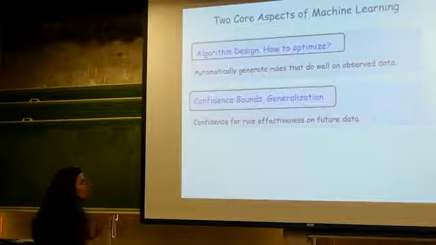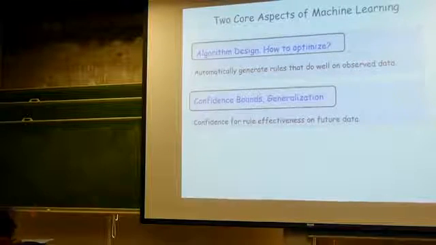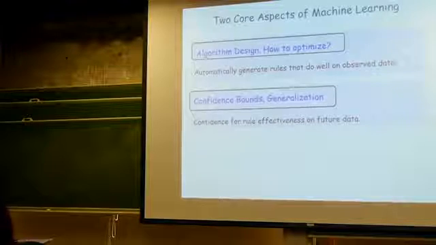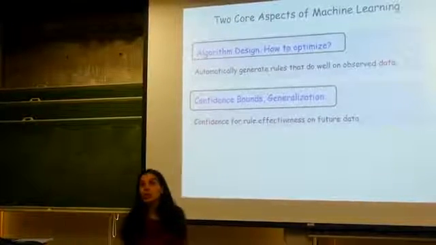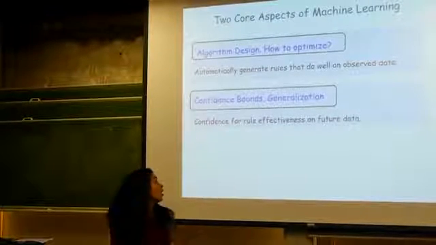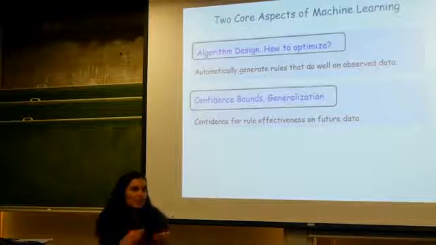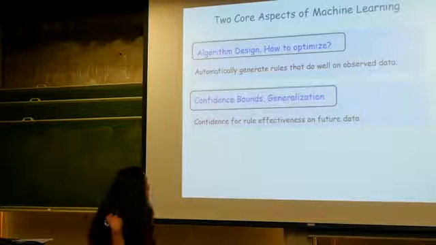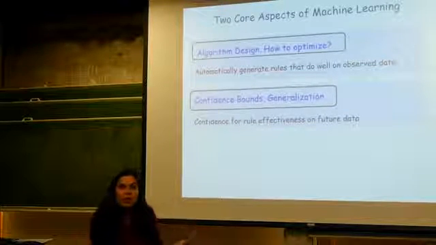And given this formalization, the two key questions that we typically care about in supervised learning are the following. The first one, and this goes back to a question that you had earlier, is the algorithm design question or computational complexity question, which asks how can we automatically, in polynomial time, generate hypotheses that do well over the training set. Okay, so that's a computational complexity question.